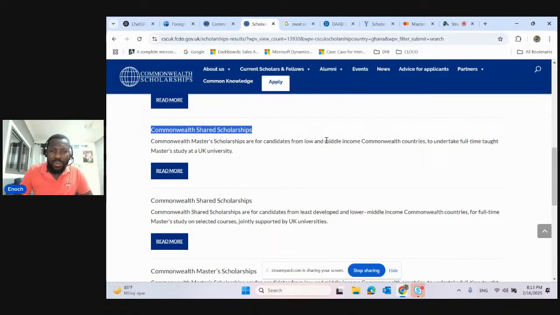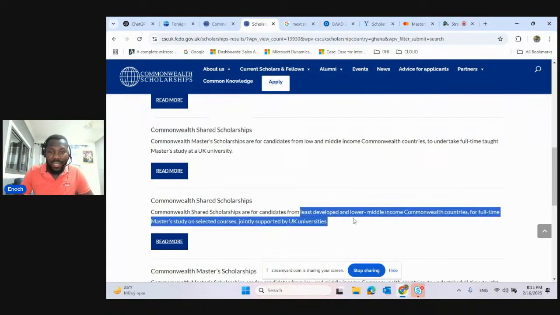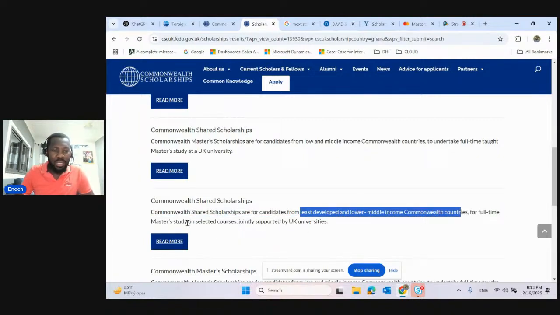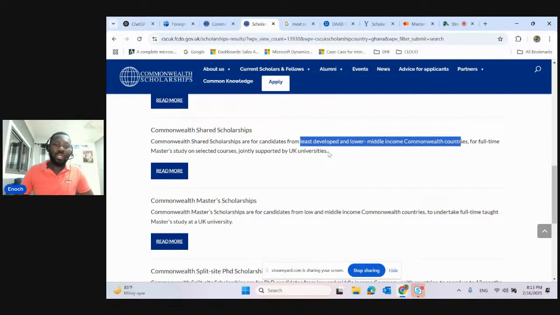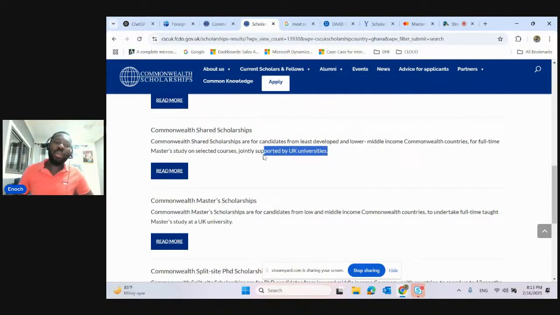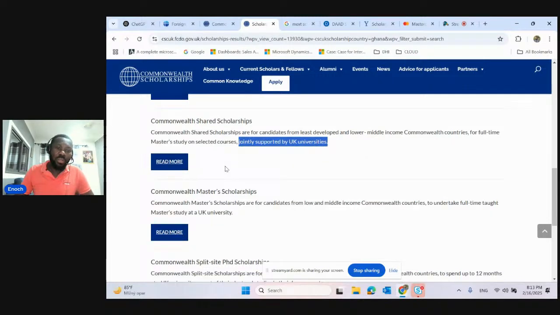One is for a candidate from low and middle income Commonwealth countries to undertake a full-time taught master's study at a UK university, and the other is for a candidate from a least developed or low middle income Commonwealth country for full-time master's study on selected courses jointly supported by UK universities. So for the selected courses, it might not be taught by one particular UK university. It might be taught by at least two UK universities.